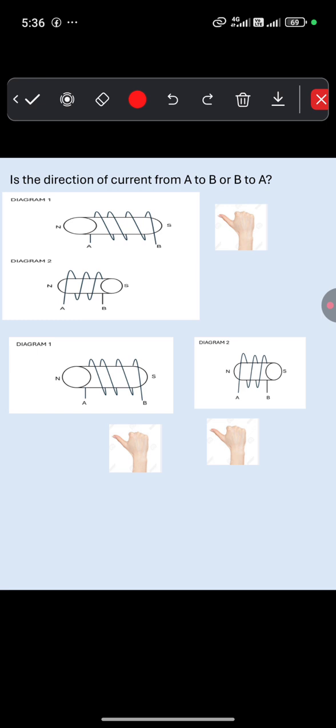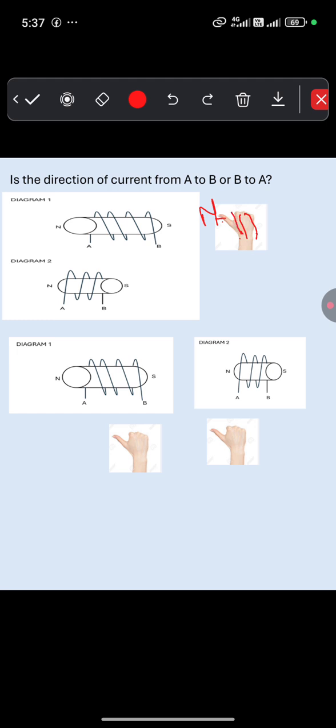Basically, for the right hand rule, you take your thumb. Your thumb must point in the direction of the North Pole, and then you curl your fingers around the wire, around the coil or a solenoid.